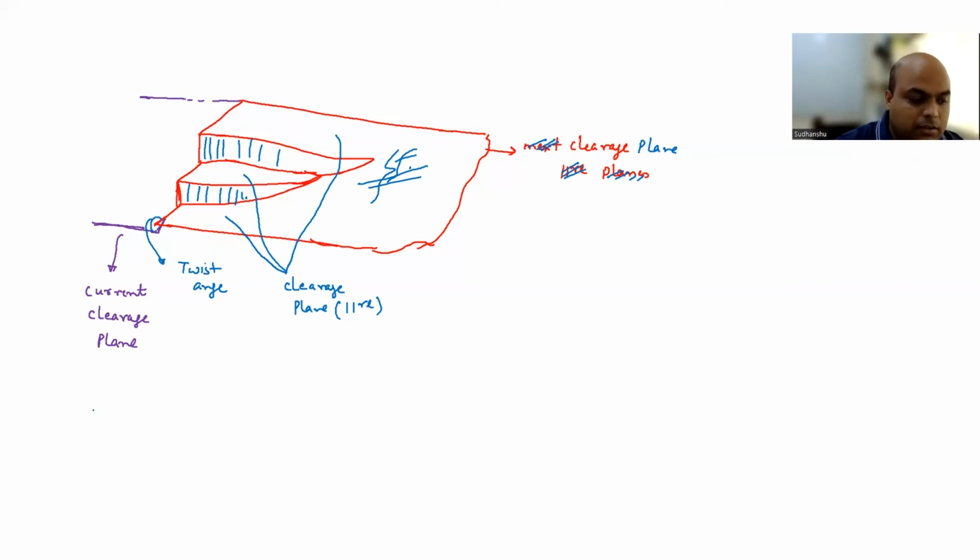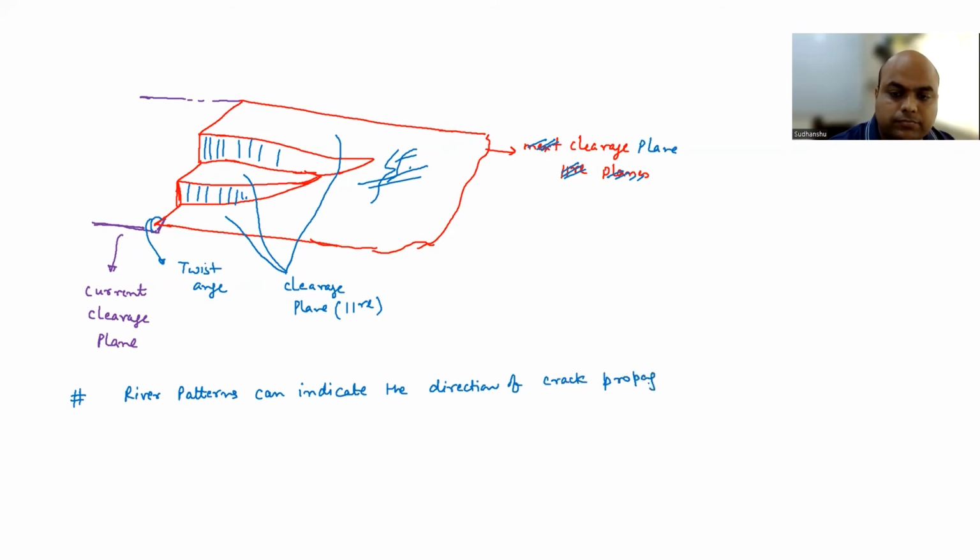Okay. So overall, river patterns can indicate the direction of crack propagation in a grain.